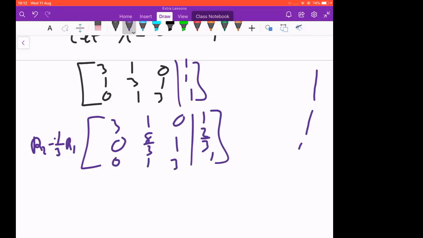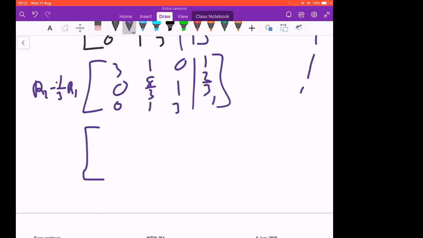Now I think I will take time to solve this thing. I didn't want to take more time doing the calculation, but I think it's important that we do it anyway.